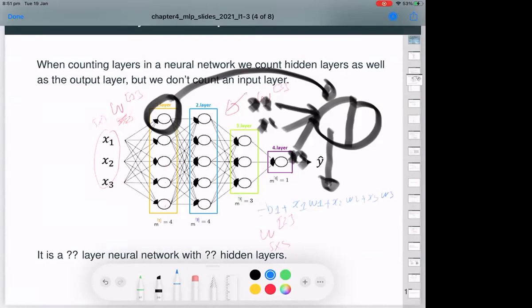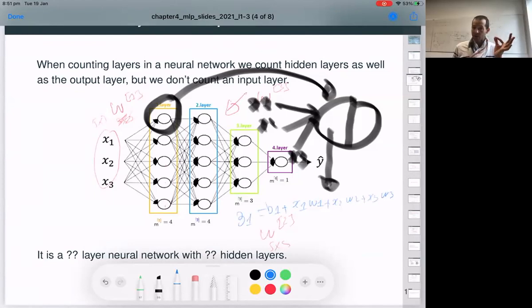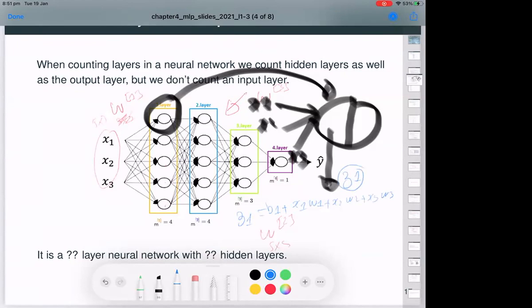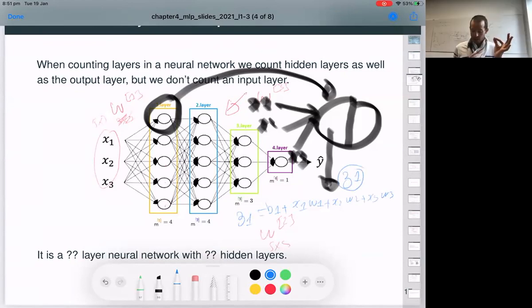I don't have the right notation, but this gives Z1. Z1 is just one value. So this part is just one value, Z1. Make sense? So there's one bias term attached to each neuron, not one bias term attached to each arrow? No, just one per neuron. Yes.